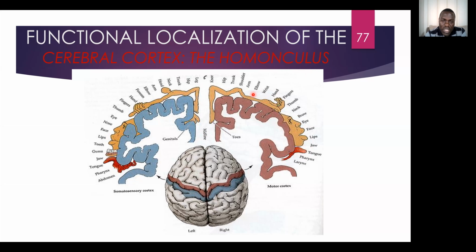Now, I want you to see the graph of the homunculus nicely. If we take this to be the coronal section of the brain, the blue one is focusing on this one, and this other color is focusing on this one. You notice that the body is represented in such a way that the lower limbs are on the medial aspect of the hemisphere.